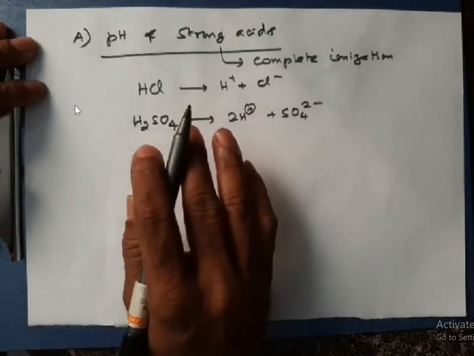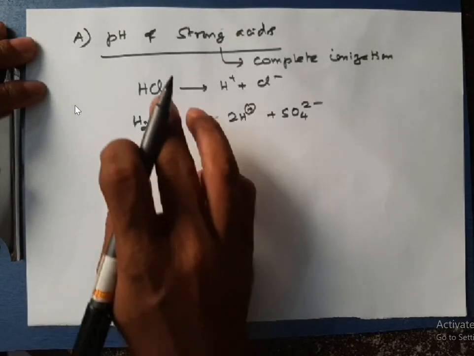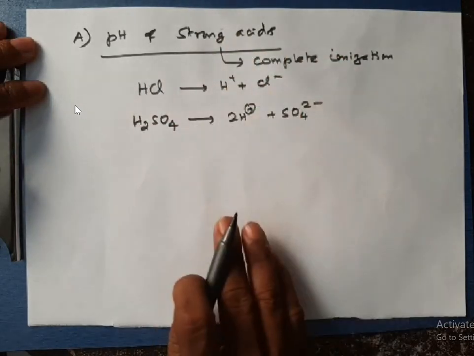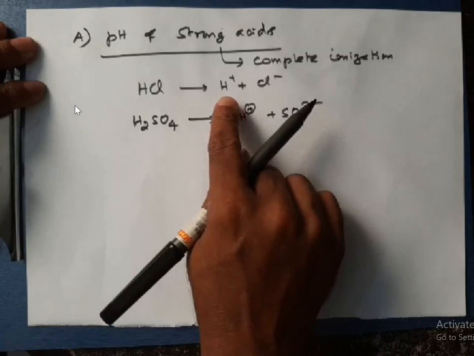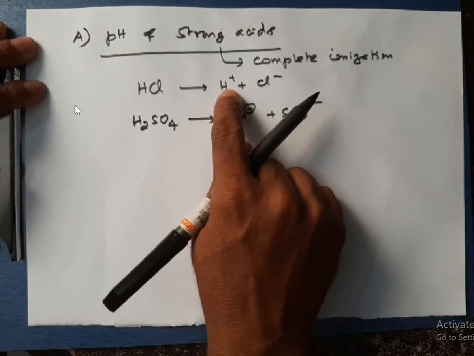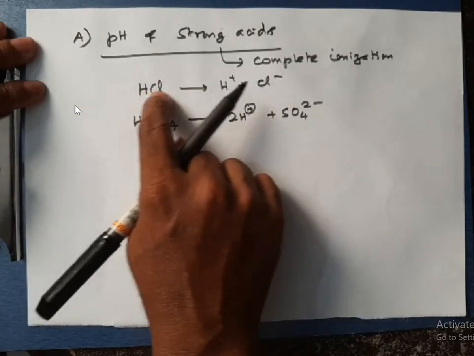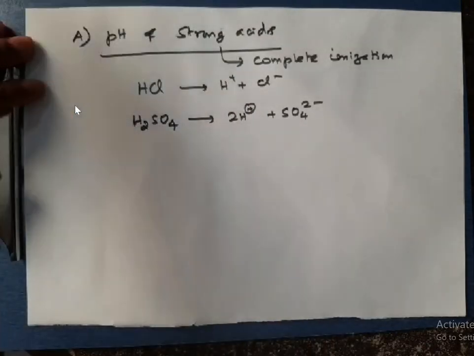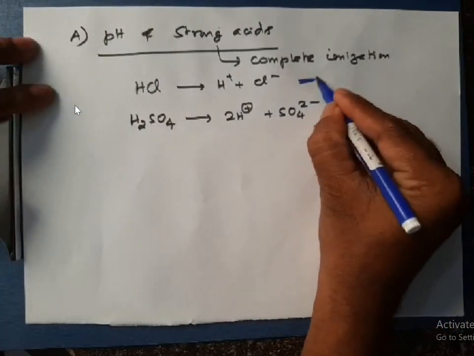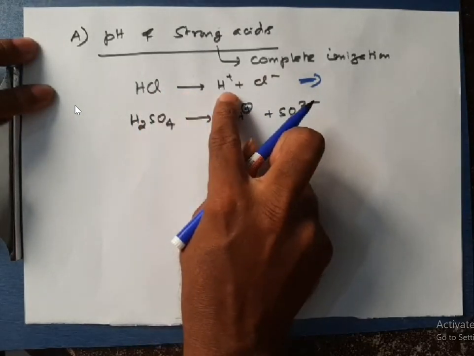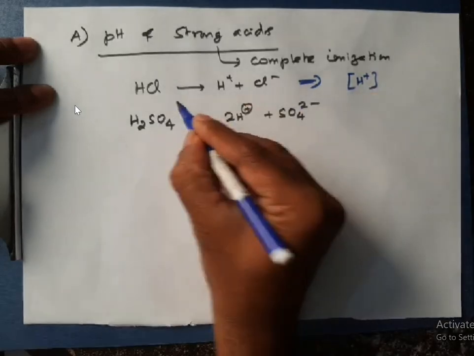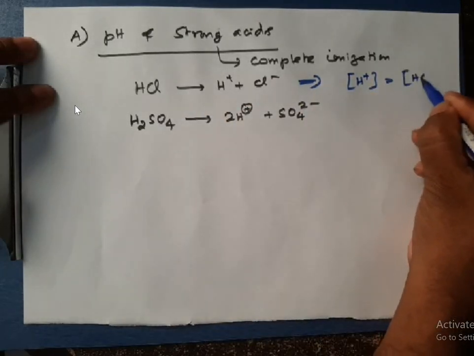So in the case of strong acid, since they undergo complete ionization, you can calculate H plus ion concentration from the acid directly from the concentration of the acid. What I'm trying to say? See here, one molecule of HCl will give one H plus. Therefore, concentration of H plus ion in solution is equal to concentration of HCl.